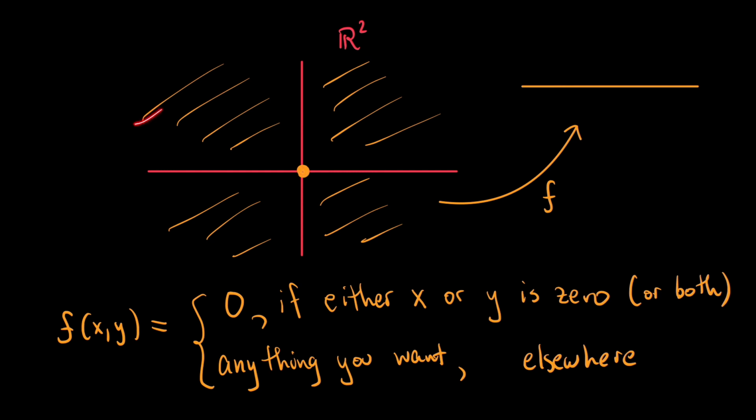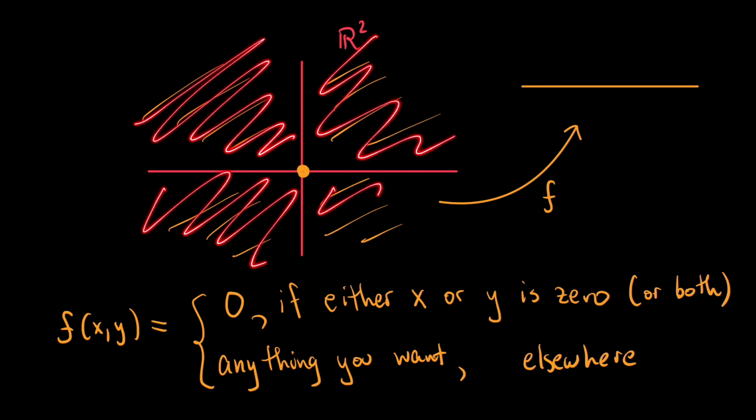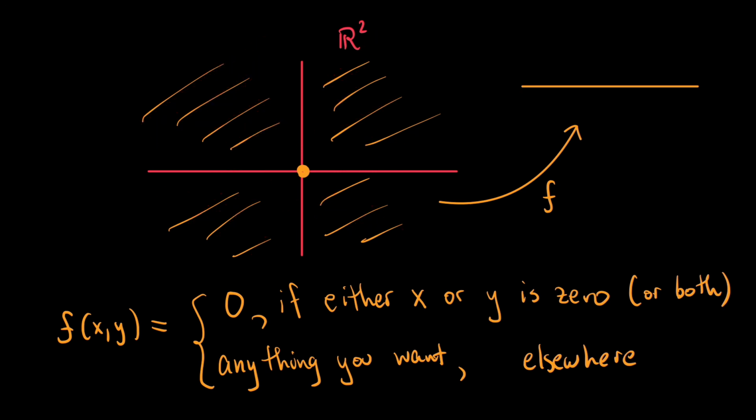But because I'm allowed to make the function be whatever I want inside of here, away from the coordinate axis, I can make it be a terrible function that does some crazy things. And then if I try to approximate that function in a whole neighborhood of the origin, not just on the coordinate axis, by a linear function, it'll be impossible.